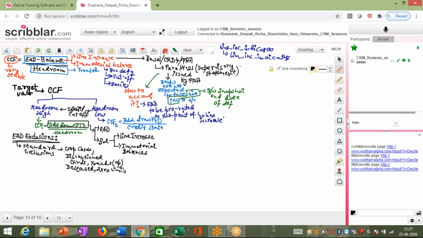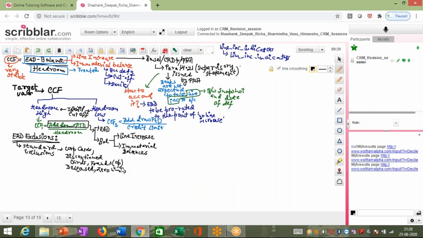Given that the base of the accounts is similar, therefore the exclusions that are applicable to the PD are applicable here as well. So that's pretty understandable. Now, from the standard exclusions, there are a set of certain existing exclusions.